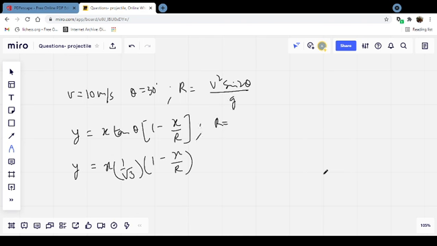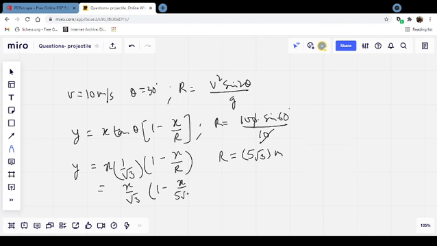So R is equal to 100 sine 60 degrees divided by 10, which is 5 root 3 meters, and this is the range of the motion of the body. So y is x by root 3 into 1 minus x upon 5 root 3 meters. This is the equation of trajectory.